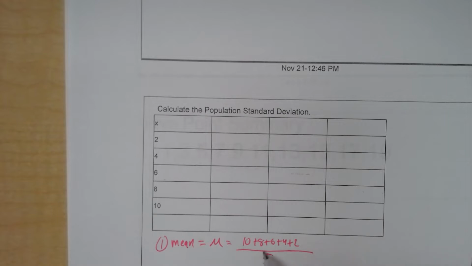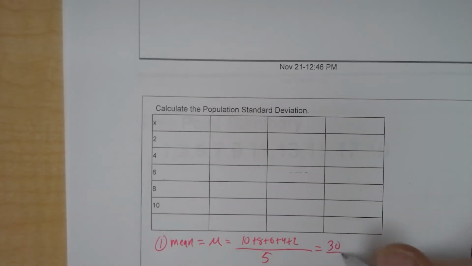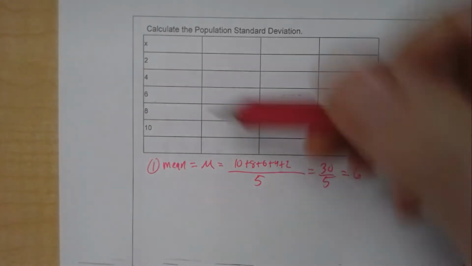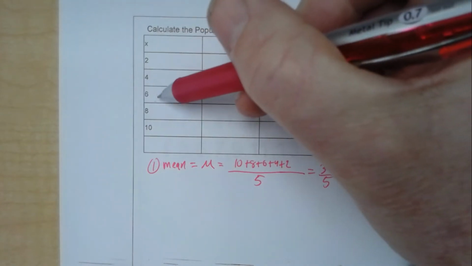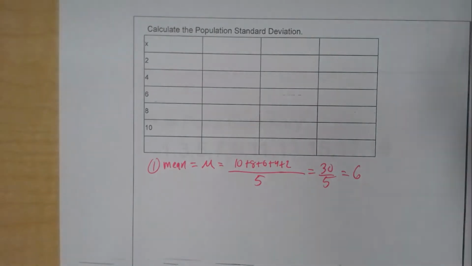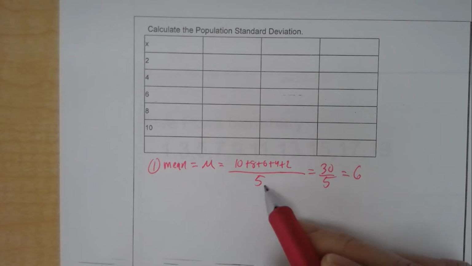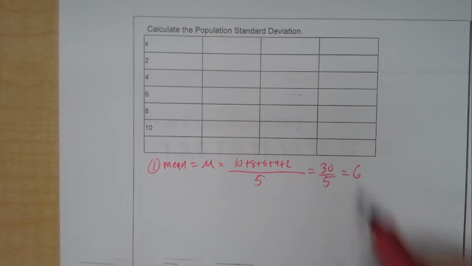That would be 30. So 30 divided by 5 is equal to 6, which makes sense because it's perfectly spread out here. So 6 is the middle number and 6 is the average.